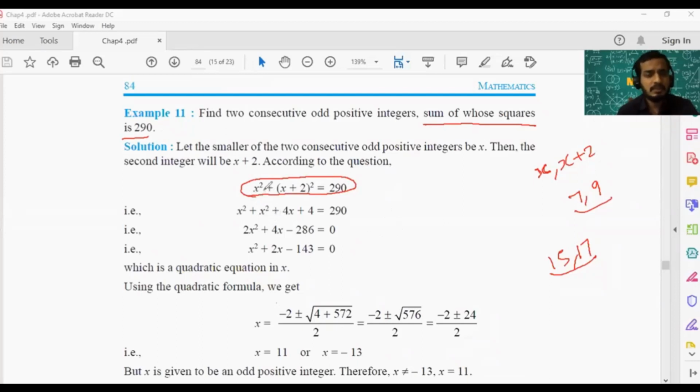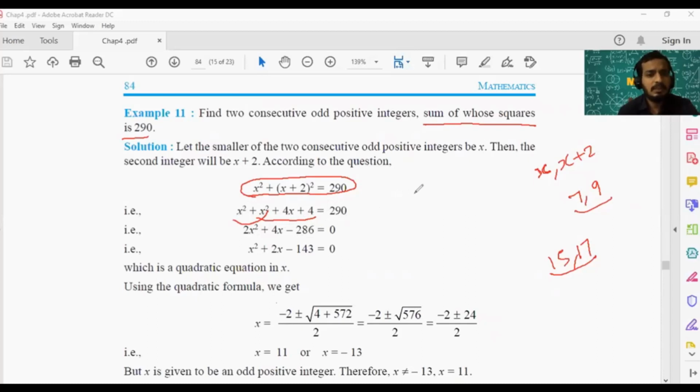If you use x, we can write like this. Then you want to expand the second term, then bring it to the general form, the standard form. Expanding the second term, you will get x square plus 4x plus 4. Then x square and x square you can add, 2x square, right? Then 4x. Then this 290 you move to the left side.